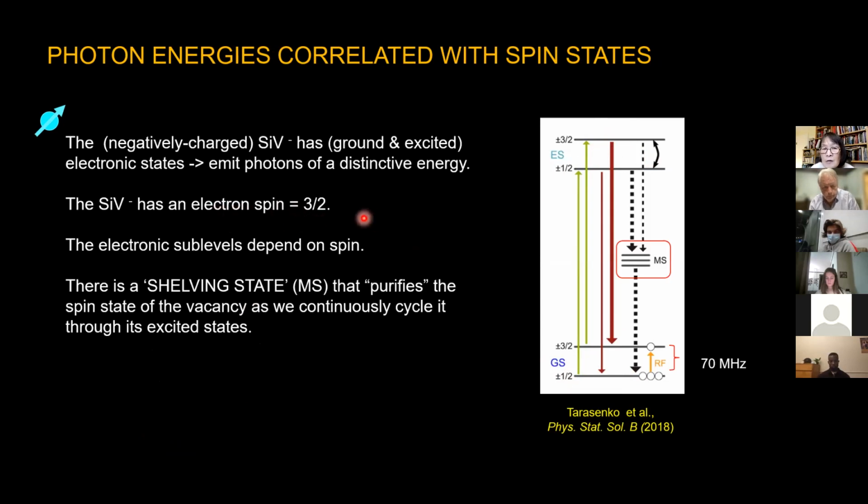It turns out that the silicon vacancy has a net electron spin of 3/2. So there are the projections of the spin states, plus or minus 3/2, plus or minus 1/2. The ground state and excited state have both electronic states, and part of those electronic states are the spin states.